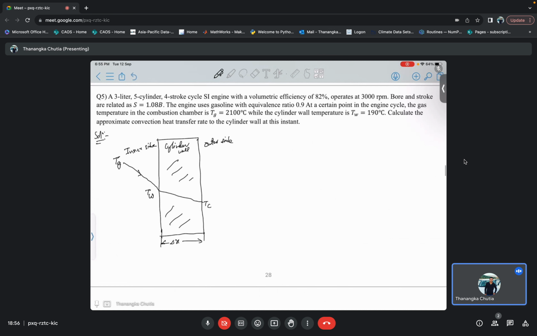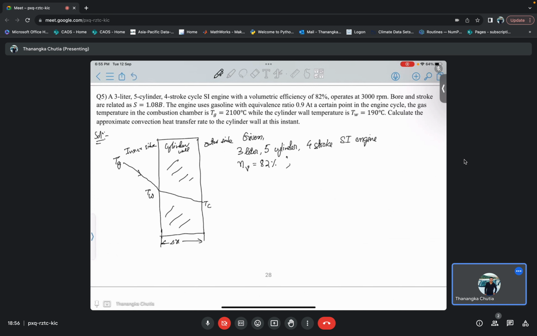Okay, so what is given? 3 liter, 5 cylinder, 4 stroke SI engine. Volumetric efficiency is given as 82%.